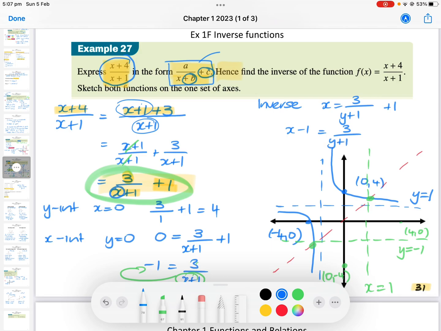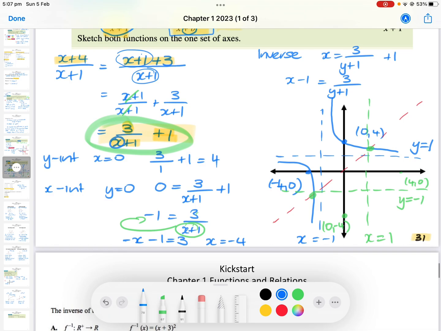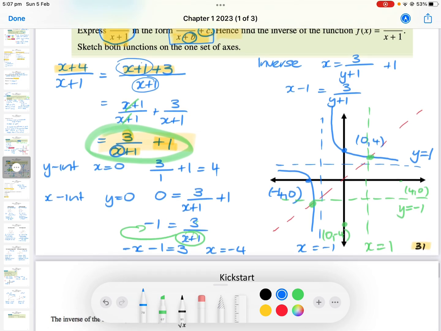And then I'll multiply the y + 1 up. It's getting a bit messy, isn't it? (x - 1)(y + 1) = 3. Then I'll divide by the x - 1. And then I'll subtract this over the other side.